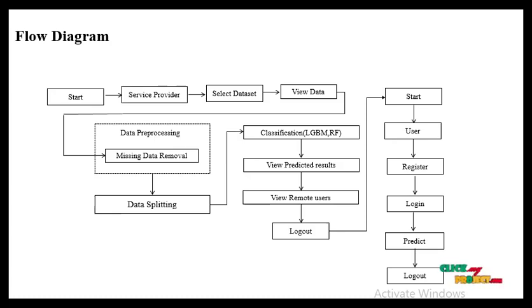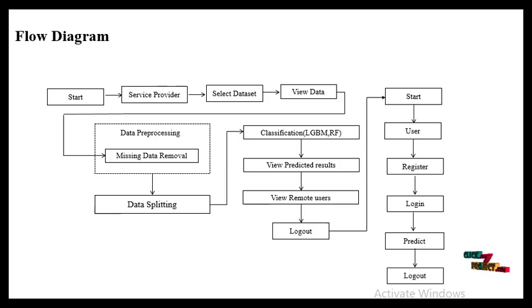This is an important step, because if there is a null value or a missing value, we couldn't predict in an accurate way. After pre-processing, data splitting will happen on the data.